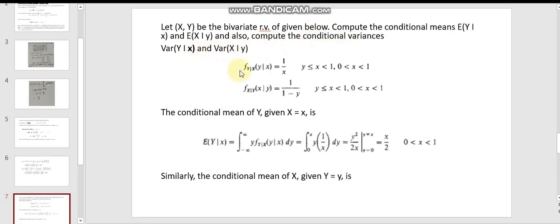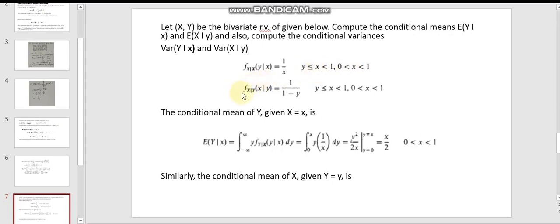So in the first case, the conditional PDF of y given x is equal to 1 over x. The limits are given here: x is greater than 0 and less than 1, for y less than or equal to x and less than 1.